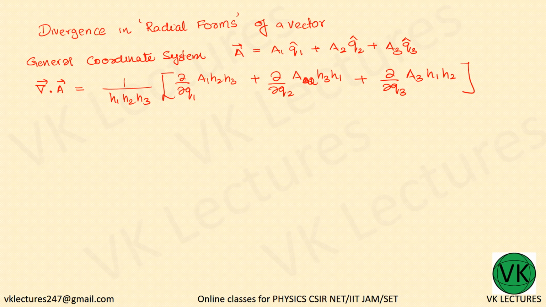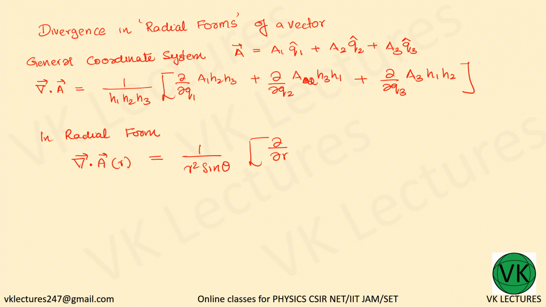Then what you get is, in radial form, del dot A, which is a function of r, is equal to, the other terms vanish, so that is 1 by r square sine theta into dou by dou r of the function f of r, and this term will remain.